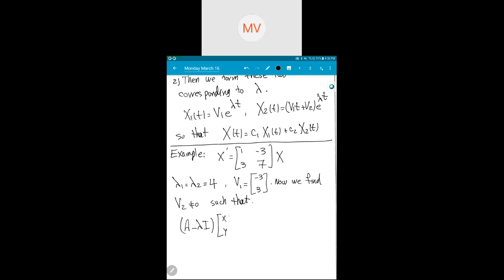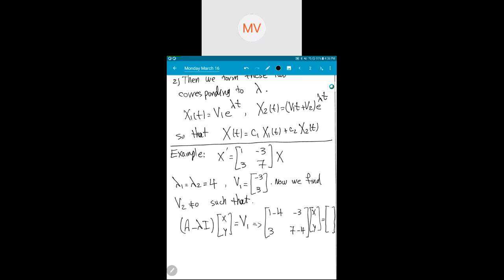So let's call it X1, equal to the candidate you already found or picked for V1. A minus lambda I is basically the same matrix. You just take away the eigenvalue 4 from the main diagonal. So that's going to be 1 minus 4, negative 3, 3, 7 minus 4, times x, y equals.